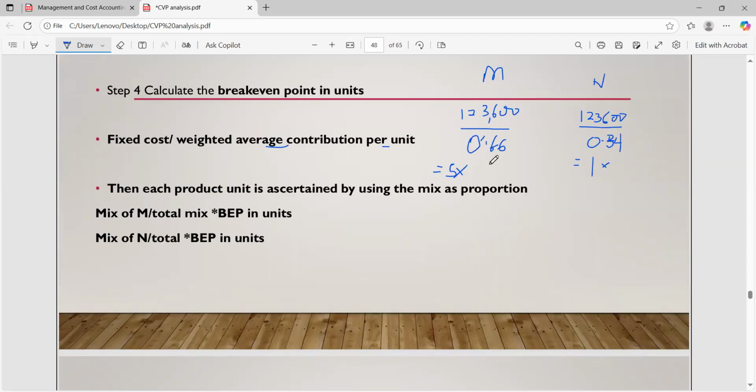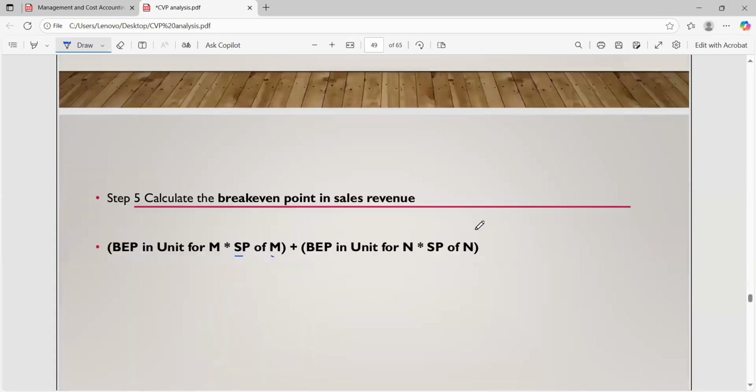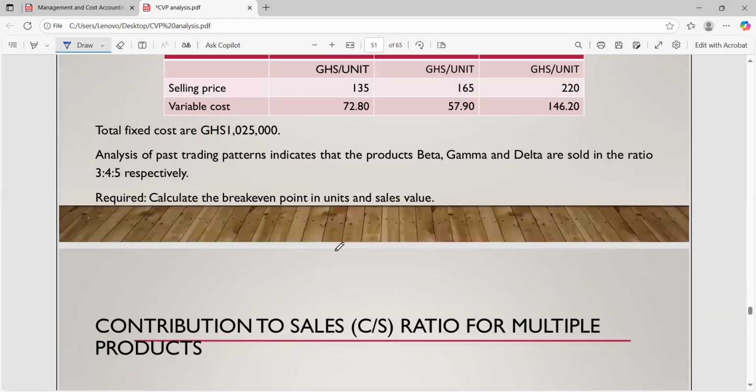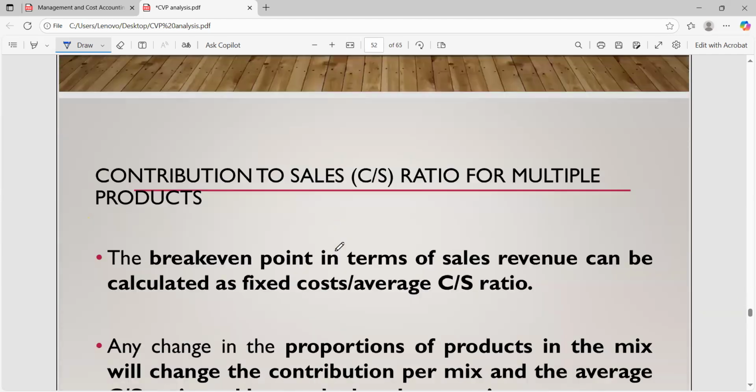So here, this answer multiplied by the 5 units, this answer multiplied by the 1 unit. Whatever that you have, you need to multiply by the sales value for the respective items. So this one sales value was somewhere around 9, and this one somewhere around 15 to give you their break even. So we'll pick a nice question and then we'll solve it together.